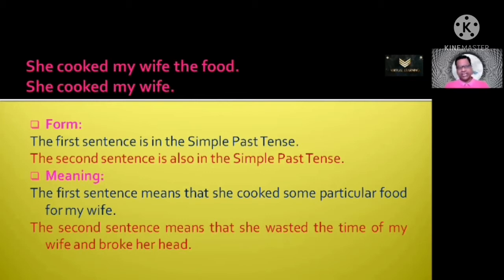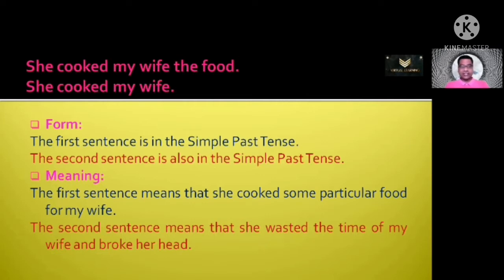Now you look at the meanings over here. The first sentence provides you the meaning that she cooked some particular kind of food for my wife. When you say she cooked my wife the food, it means there is one lady, don't know who that is, but since the sentence says she, she cooked one particular or some particular kind of food for my wife.